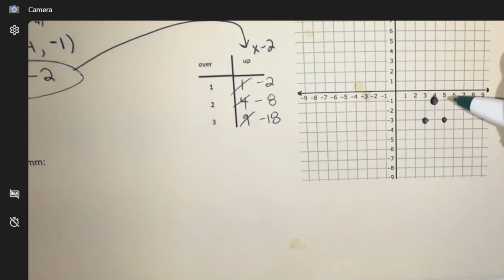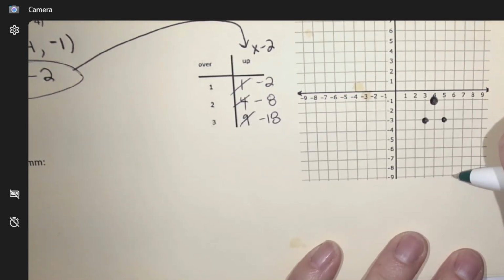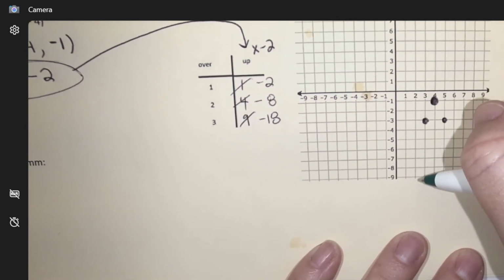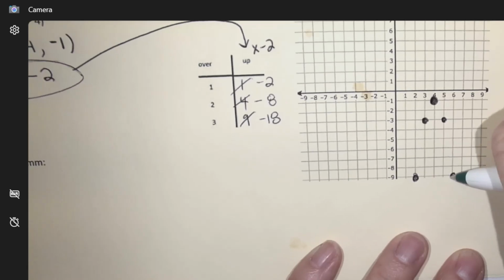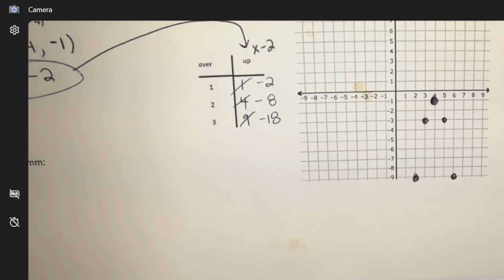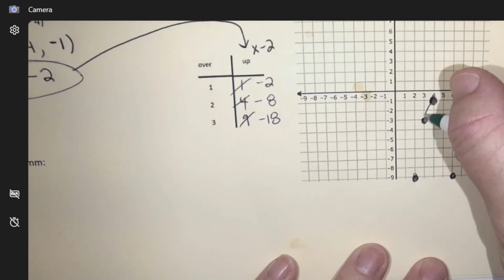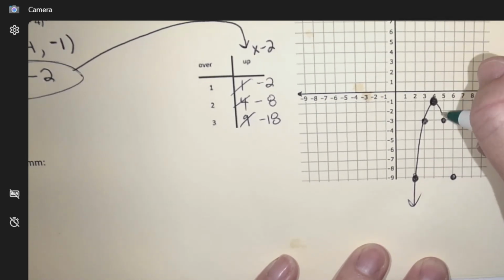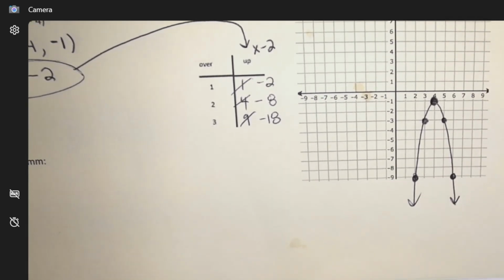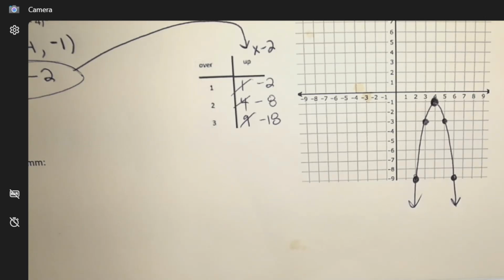Can you move over 2 and then down 8? So with this slope of -2, my shape should be flipped and it should be a little bit narrower than normal. Do you see those things on your graph?